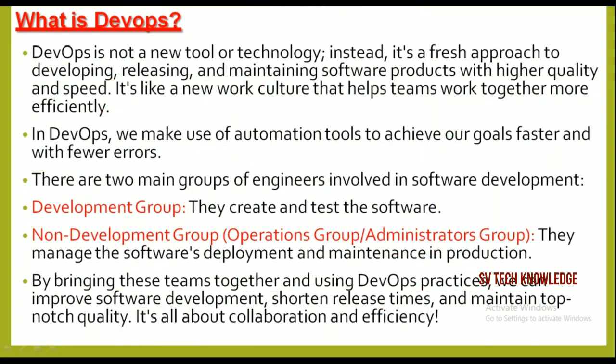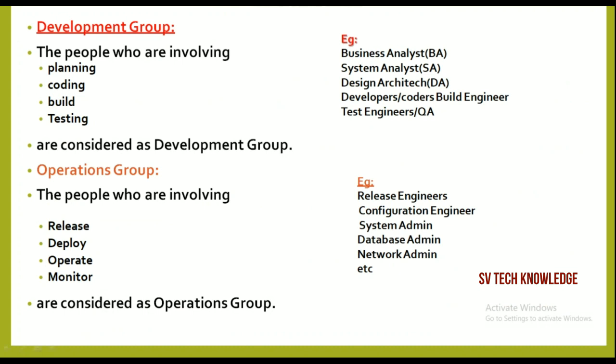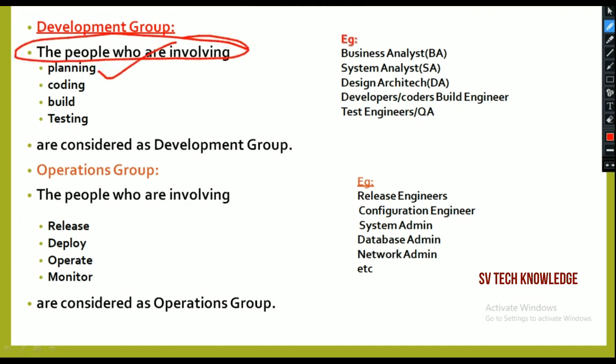This is about DevOps. Next, let's go to the development team: what roles do we have in the development team and what roles do we have in the operations team? The development team are those involved in planning, coding, building and testing of a project.